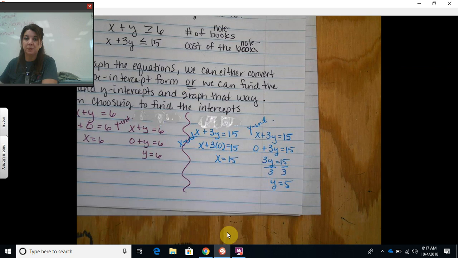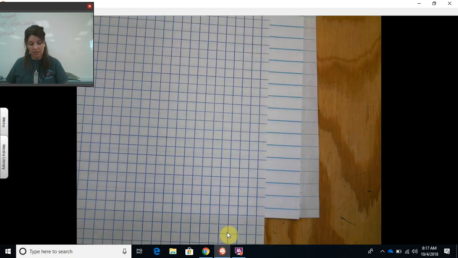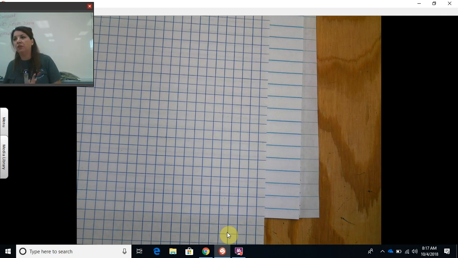We good? Alright, so I'm going to go to my graph paper, and I'm going to graph both lines, and shade where I'm supposed to shade. I know my highest x value is 15, so I've got to go to at least 15 on the x-axis, and on the y-axis I have to go to at least 6.